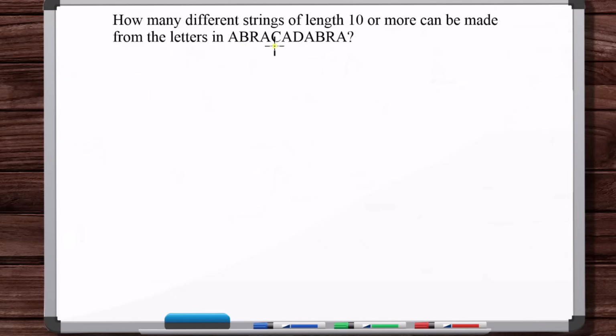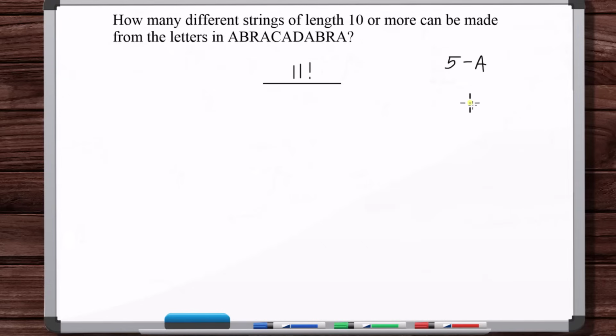So, okay, we've got 1, 2, 3, 4, 5, 6, 7, 8, 9, 10, 11. So there's 11 characters. Let's just start by calculating the number of words that come from the 11 character strings, because it's 10 or more. Okay, now we've got 1, 2, 3, 4, 5 A's.